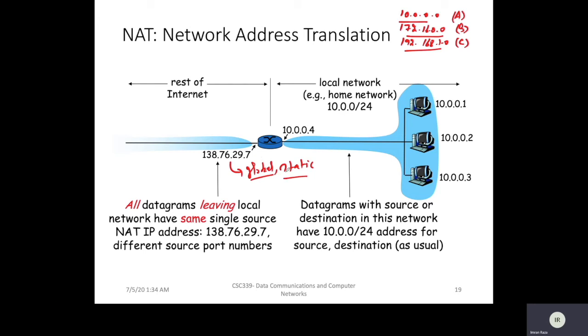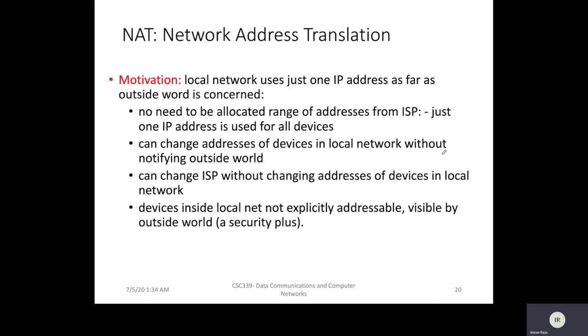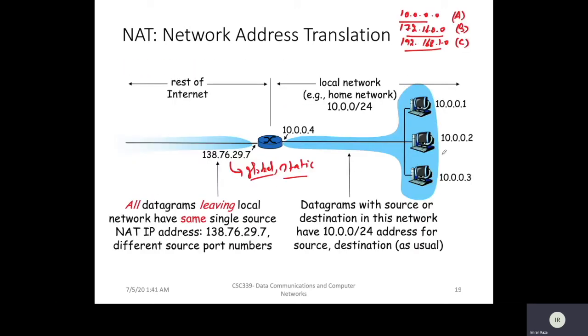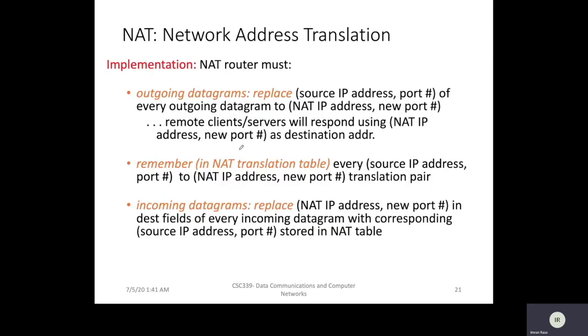I can change this global and static IP address, and I do not need to change the IP addresses of the local machines for that, right? And the devices inside the local net are not explicitly addressable. So this is a sort of security plus. Nobody knows that a device inside this network has IP address 10.0.0.1 because I'm representing it with a global address, right?